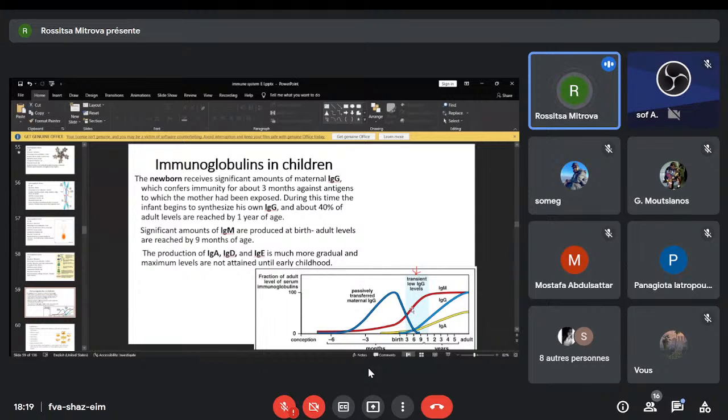But in fact, the adult levels are reached at 9 months of age, almost. And the production of the other immunoglobulins like IgE and IgG is much more gradual. Maximum levels are not attained until early childhood.